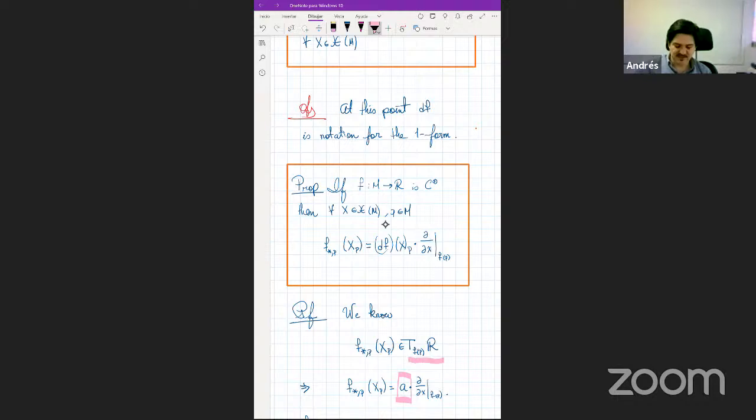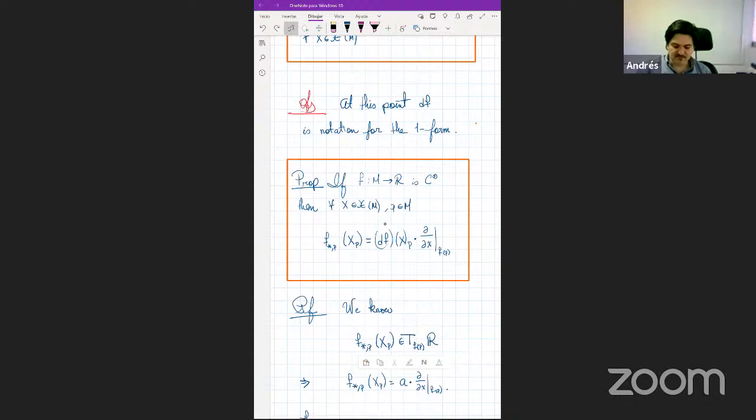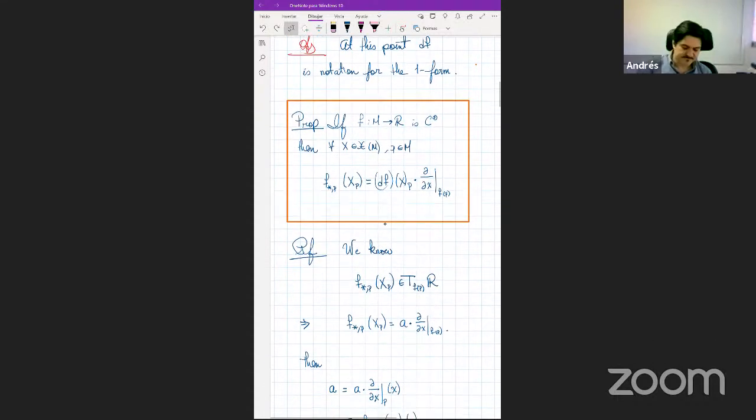This is one dimension using the coordinate chart x by itself. So how do we determine the value of a? This is something that we have encountered several times before, and we just evaluate on the smooth function x. So a is the same on this derivation. We have to evaluate it on this smooth function x, right?